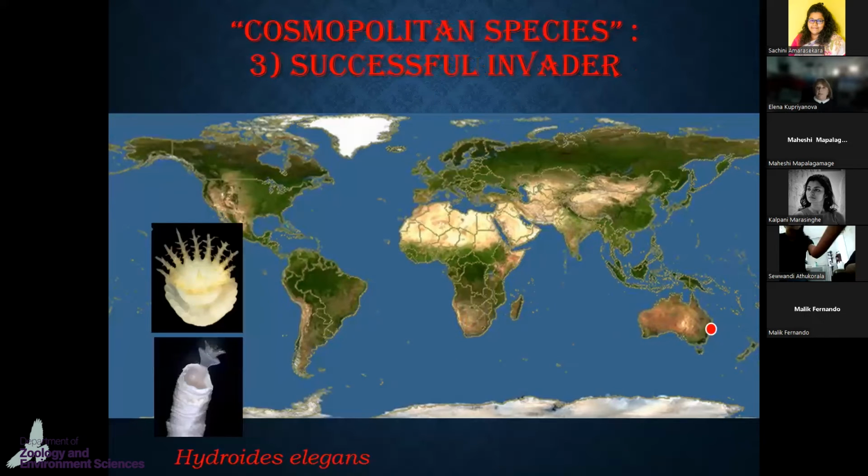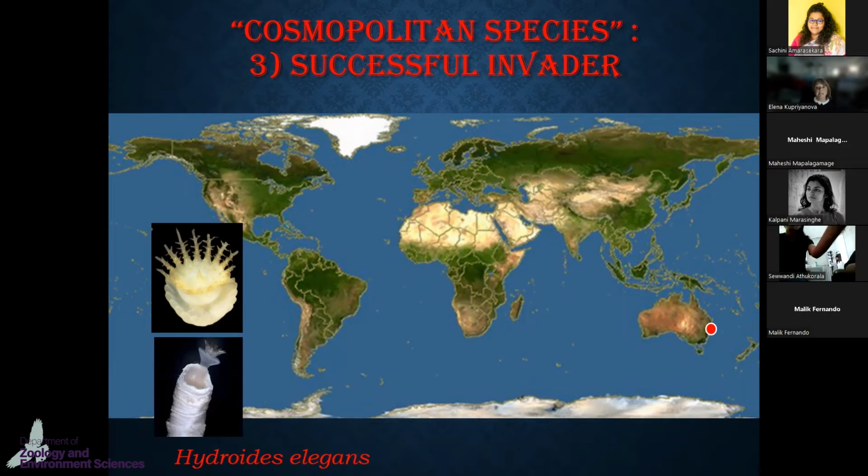The next scenario is an actual successful invader. This is our scenario number 3. This is an example of Hydroides elegans, one of the most economically important fouling and invasive tube worms. And it's also one of few truly cosmopolitan polychaetes. This species was described from Australia, from Sydney actually, but its Australian origin is questionable.